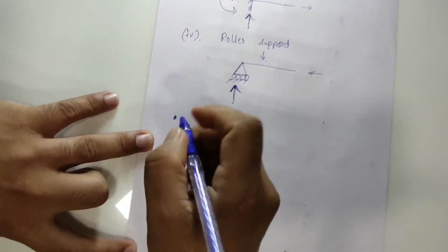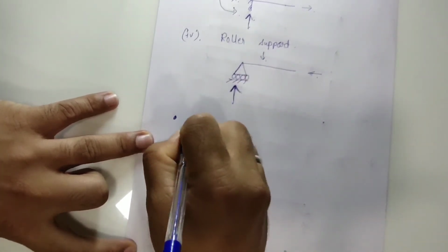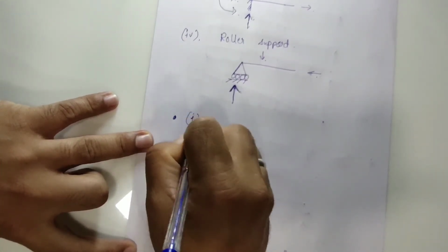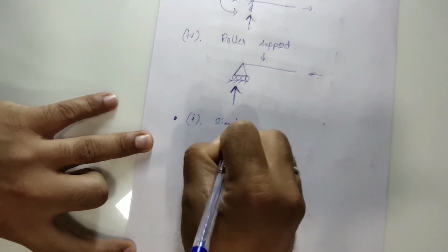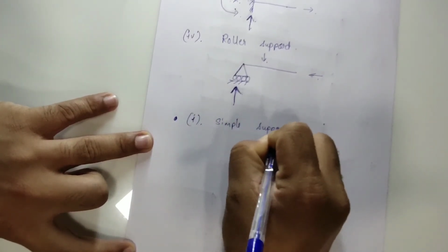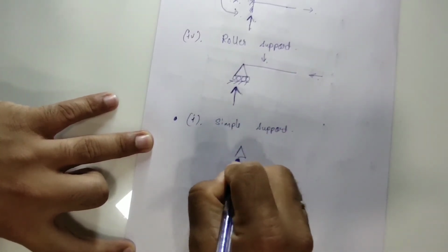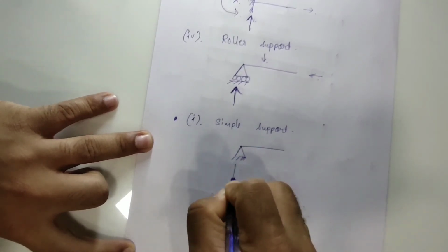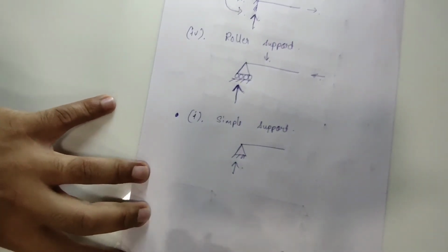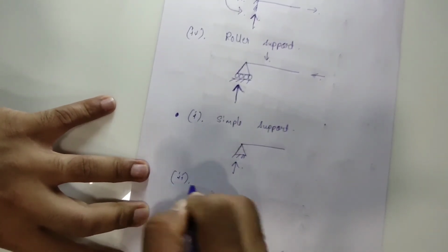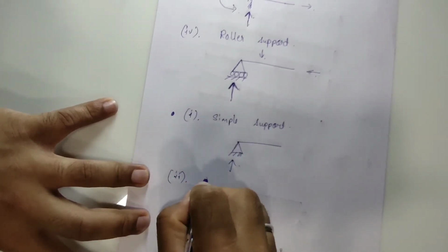So in short, if I am revising it once again, the simple support is like this, and it can only provide the vertical reaction. The second one was the hinge support.